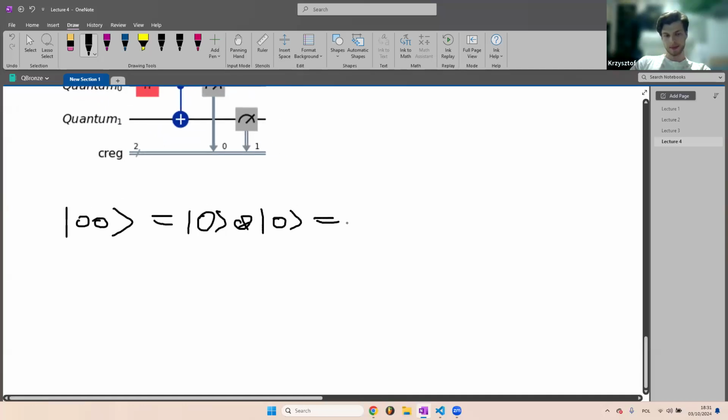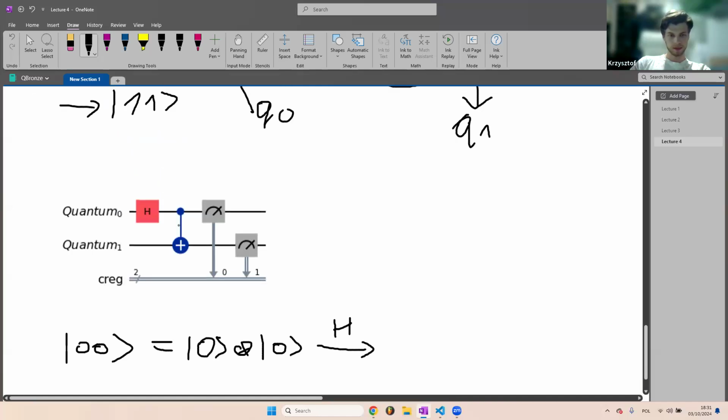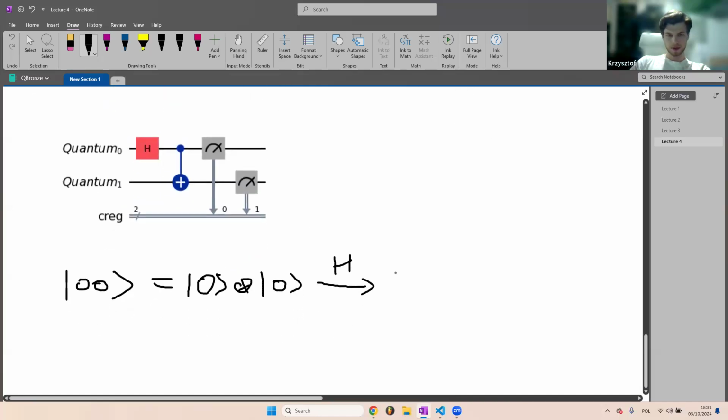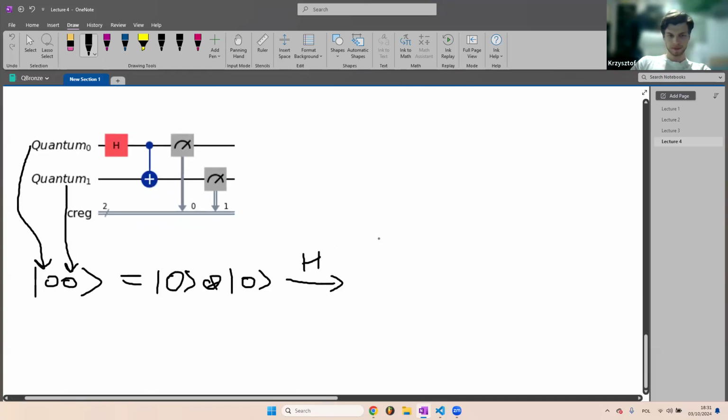But let's apply a Hadamard gate, as in the example here. So after applying the Hadamard gate on the 0th qubit, and now you can see that here it is written from up to bottom, like this.